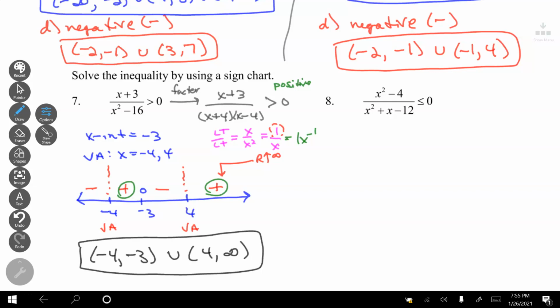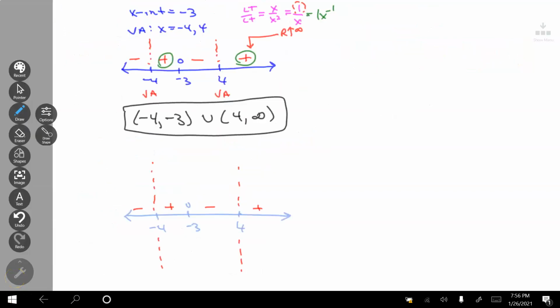I'm going to show you what a two-dimensional look of this graph would be. All I did below was copy the number line from above. And the idea is that because it's 1 over x, it has a horizontal asymptote at y equals 0. But here's the idea. I have an asymptote here, so I have to be below the x-axis here. So it would level off at 0 and go down to negative infinity.